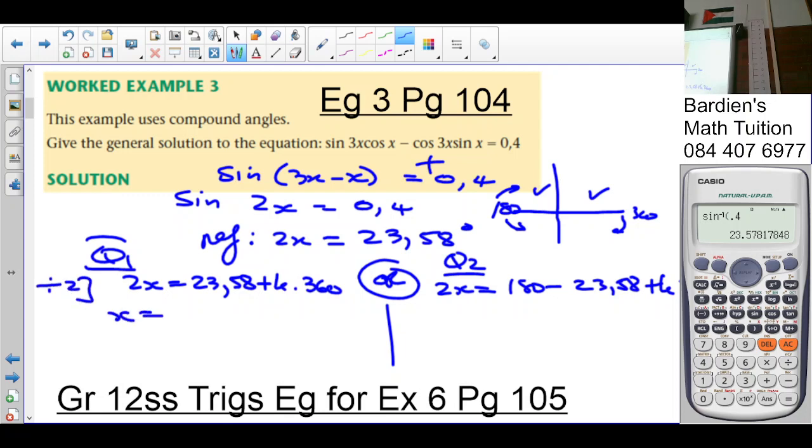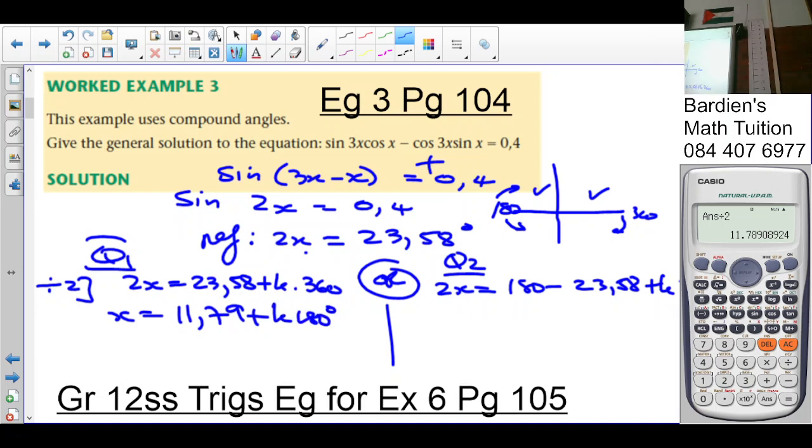Okay. So for quadrant 1, I'm going to divide throughout by 2. So x is equal to 23,58 divided by 2, which gives me 11,79, plus, now 360 divided by 2 is going to give you k times 180.